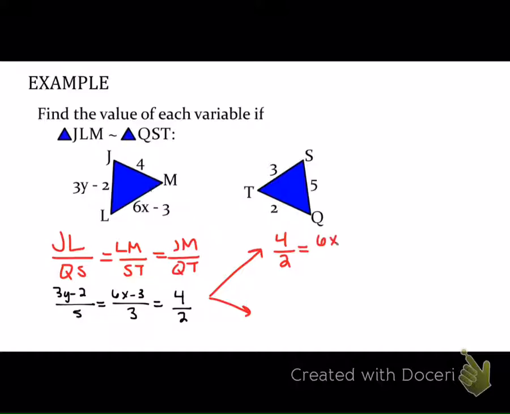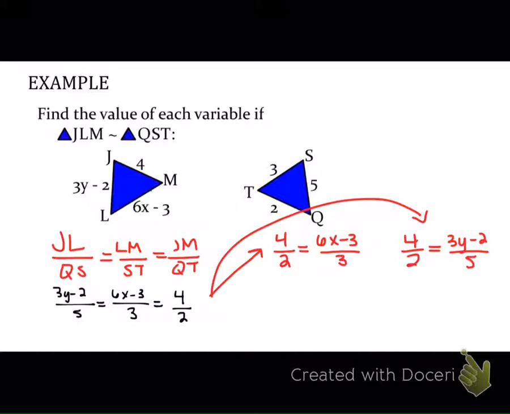So we have 4 over 2 equals 6x minus 3 over 3. And then I'm going to do the other one up here so that there's space: 4 over 2 equals 3y minus 2 over 5. Whenever the numerator is separated by addition or subtraction, remember you need to use parentheses around it so that you don't forget to distribute.